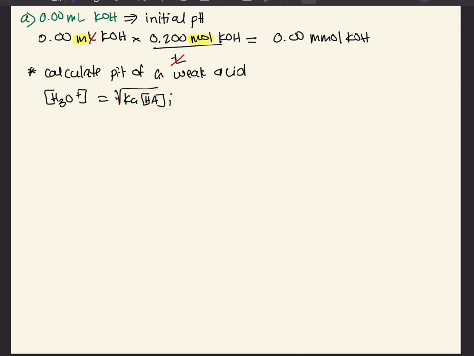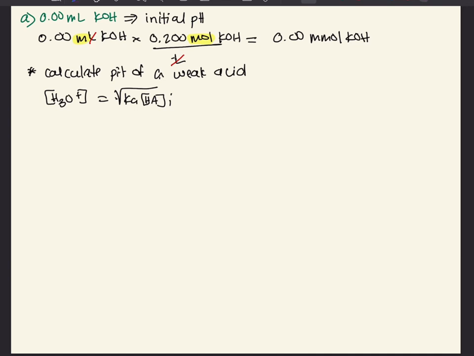Now, again, this is concentration here. I cannot plug millimoles in here. And this is a common mistake I see: people will calculate the millimoles of the acid present and then plug that into the equation. But you cannot use millimoles, we have to have concentration.